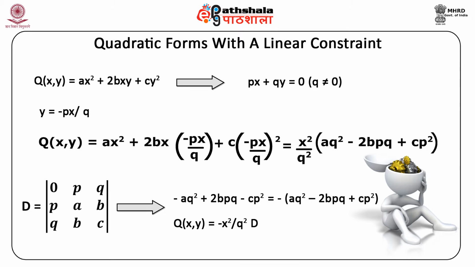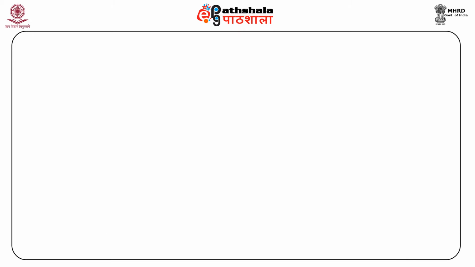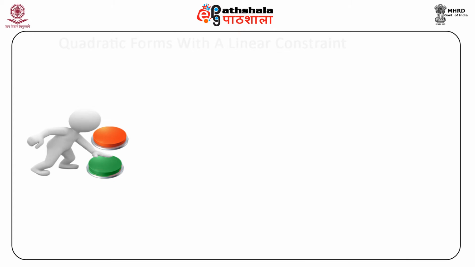Thus Q(x, y) is equal to minus x square upon q square multiplied by D. This means that the sign of Q would vary inversely with the sign of D. Note that the determinant D is the discriminant of the given quadratic form with a border placed to form the first row and the first column.